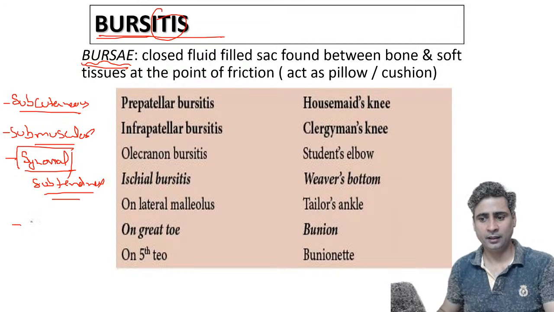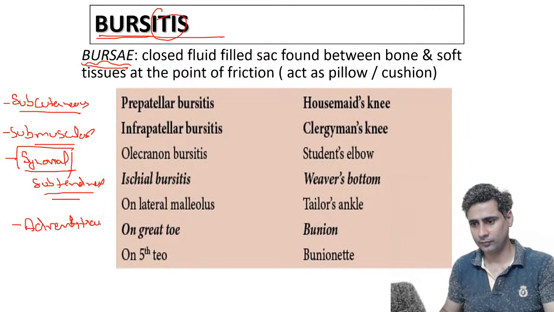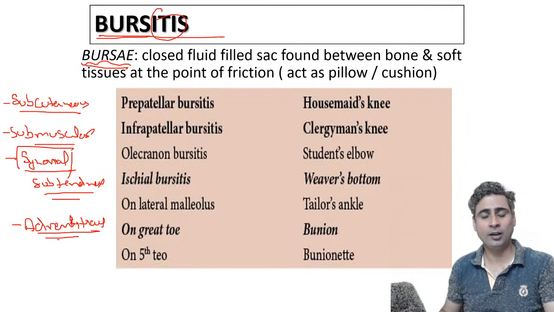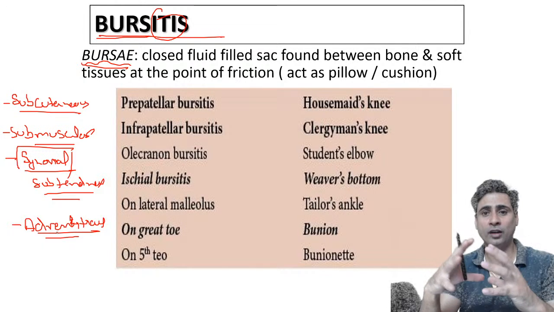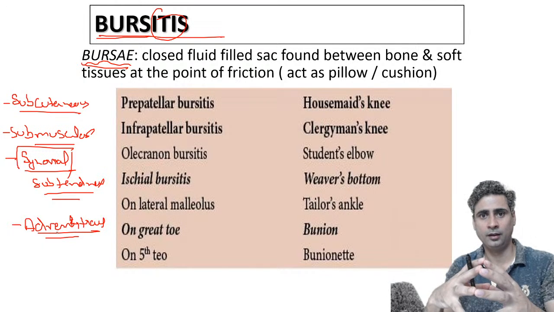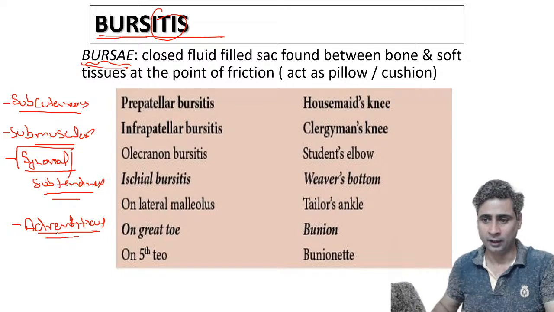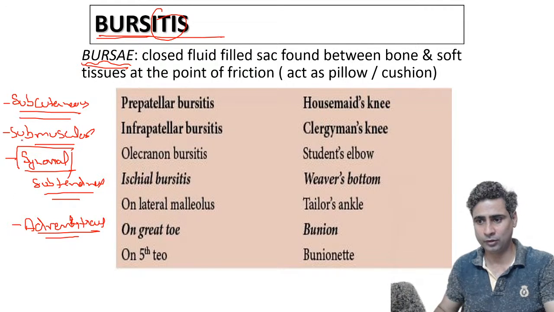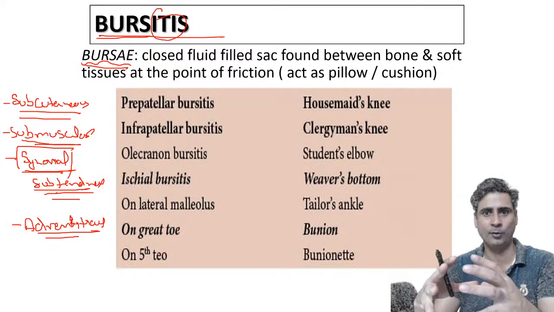And finally, adventitious bursa. These bursae develop later on at the site of continuous friction. They are not present normally. So this subcutaneous bursa, submuscular bursa and this synovial or subtendinous bursa, they are present normally in the body.